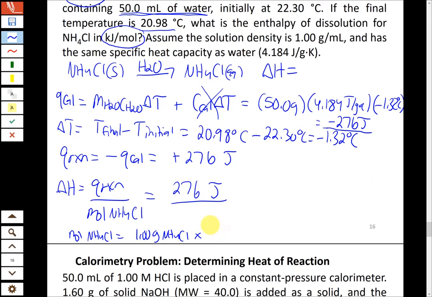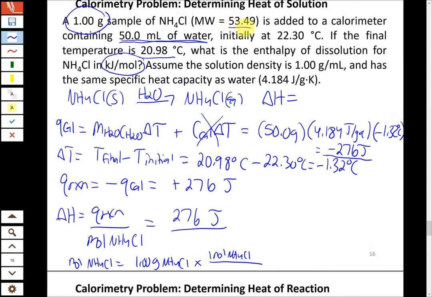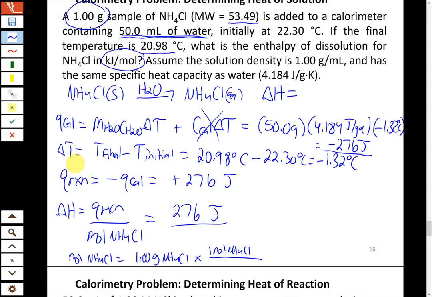So 1 mole of ammonium chloride, and we gave you the molar mass, I believe. Yes, 53.49, so we don't have to calculate that.